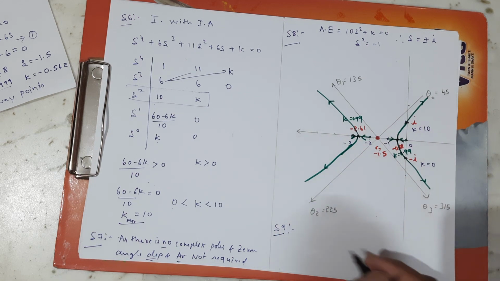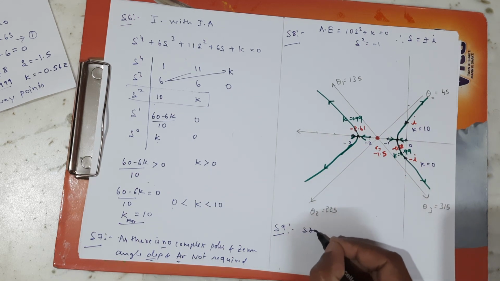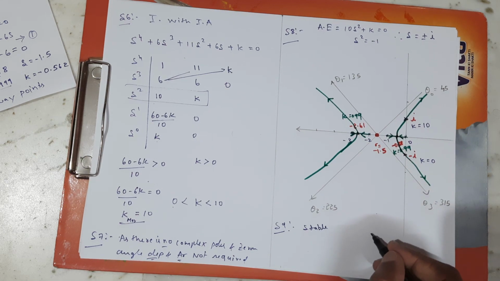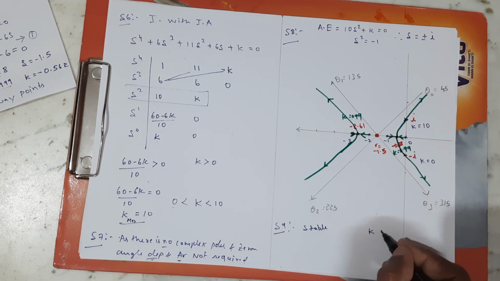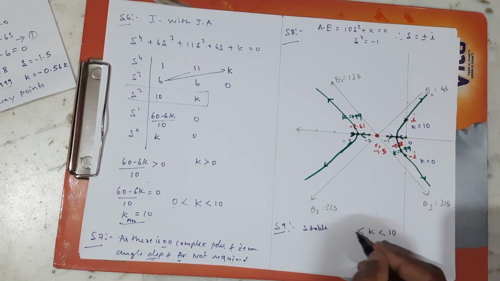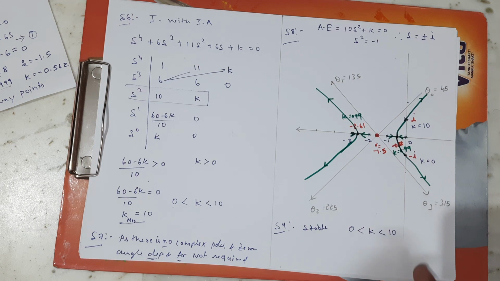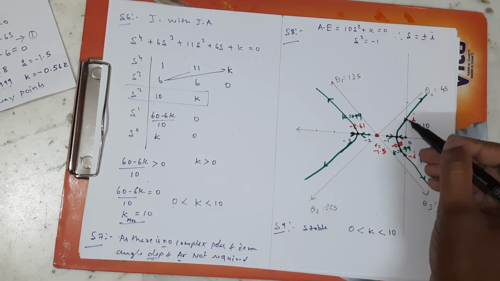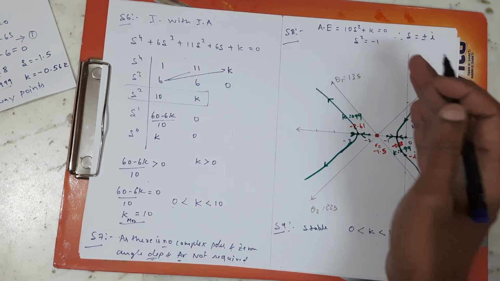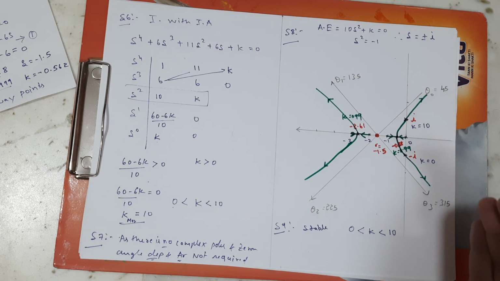The system will be stable. When it will be stable? So when the k value is less than 10 and it should be greater than 0. So the system will be stable, because after the k is more than 10, the root locus is going to the right of the S-plane.